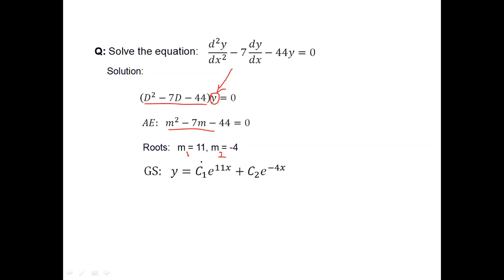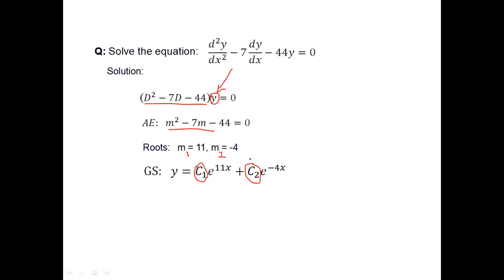So it doesn't mean all general solutions will have to use the letter c. At times you may find C1 is represented as K1, C2 as K2. So any letter can be used to represent a constant.